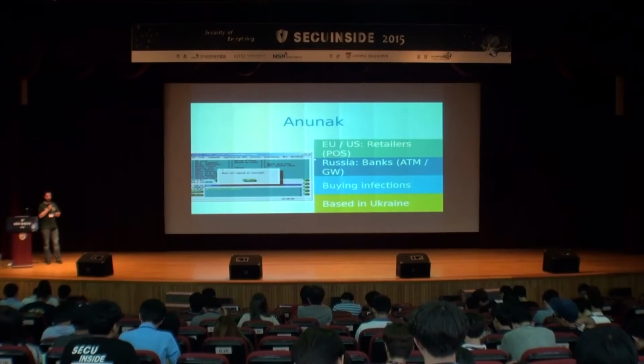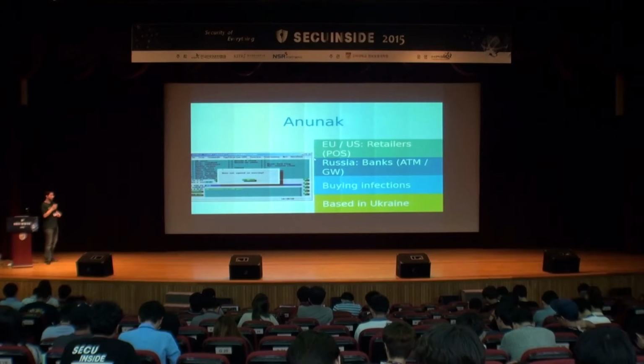Now, I said there were two regions for Anunak, or two markets that they targeted. There was Europe and there was the US. In those markets, they actually did point-of-sale malware, which was very different from the attacks against banks. So they were breaching bigger organizations which had physical retail stores, and were infecting those with malware.